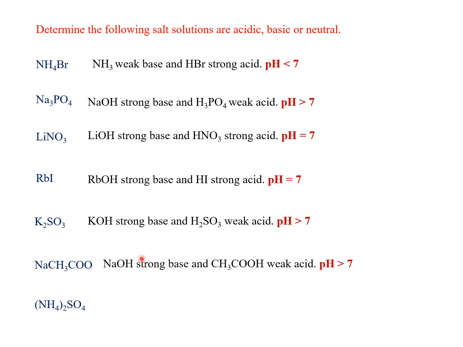Like we discussed earlier, sodium hydroxide, a strong base, reacts with acetic acid, a weak acid. So the pH is above 7, basic. The last one is ammonium sulfate. Ammonium sulfate salt is formed when ammonia, a weak base, reacts with sulfuric acid, a strong acid. So the pH is less than 7, acidic pH.